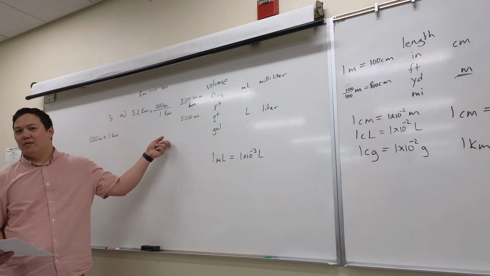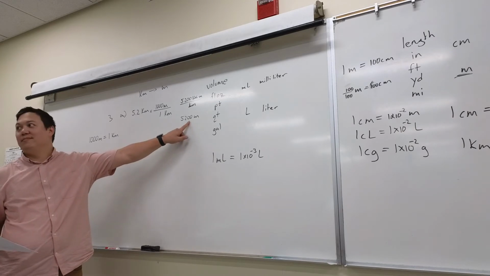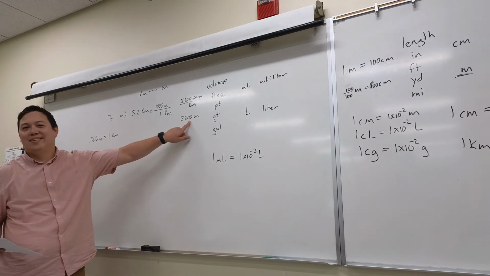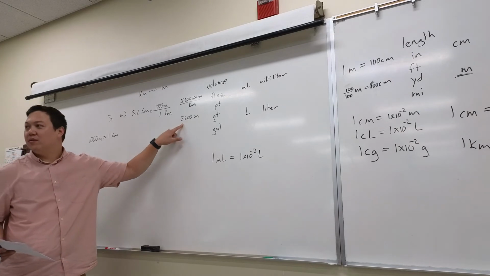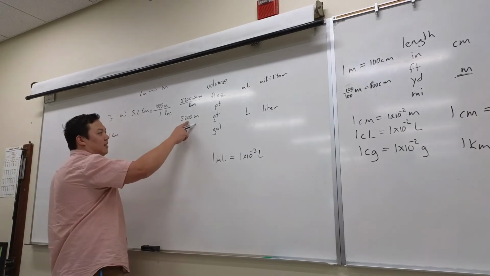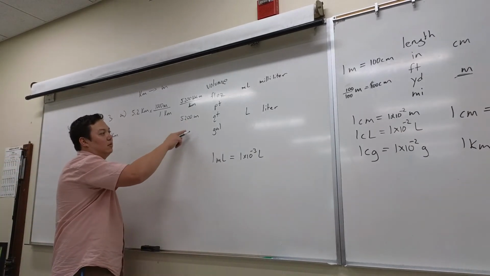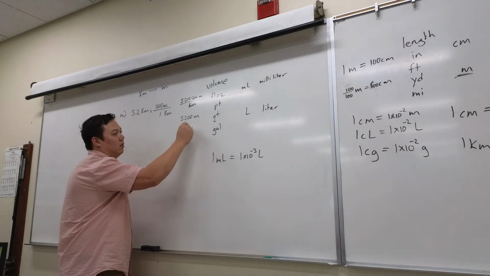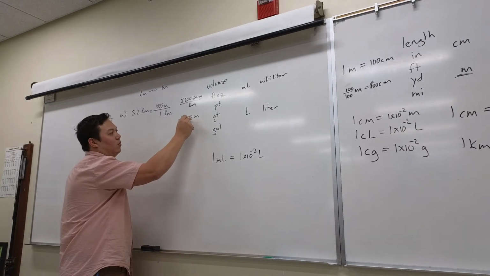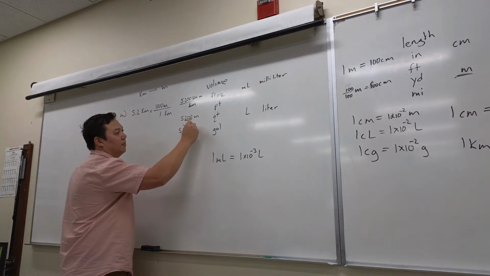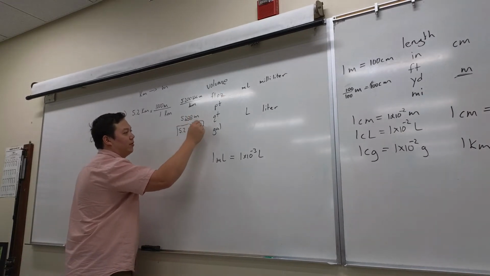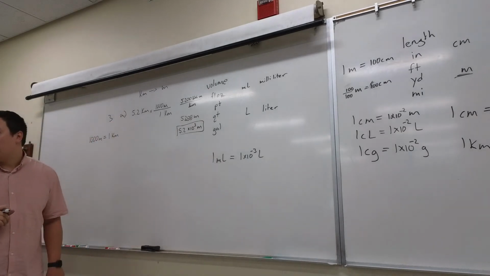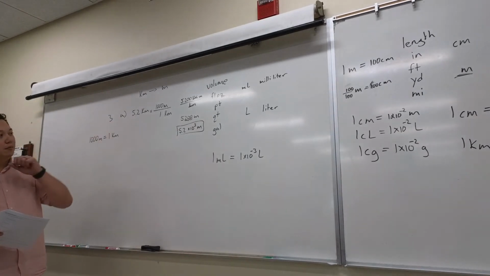How many are there? 4. Ambiguous. But we need to get down to 2, right? So how would I write this in scientific notation? 2. Times 10 to the 1, 2, 3. Yeah. So that would be your final answer for 3A.